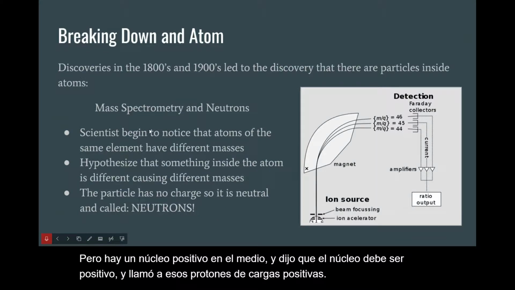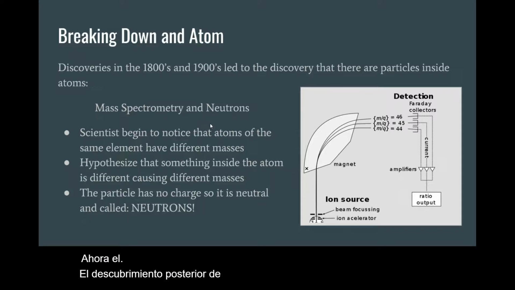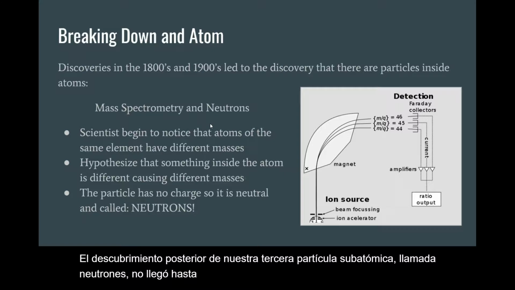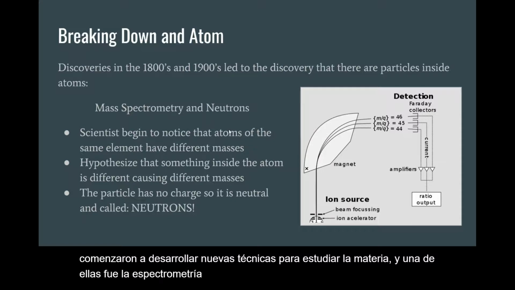Now, the later discovery of our third subatomic particle, called a neutron, came not until the 1930s. At this time, scientists began to develop new techniques to study matter, and one of them was mass spectrometry. That is using magnets to push atoms as they go through a tube.